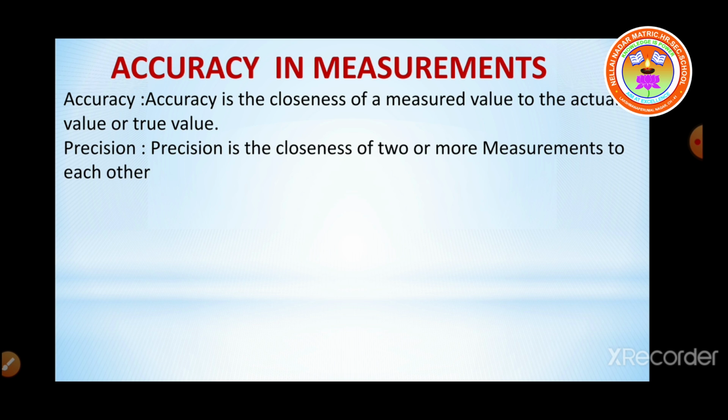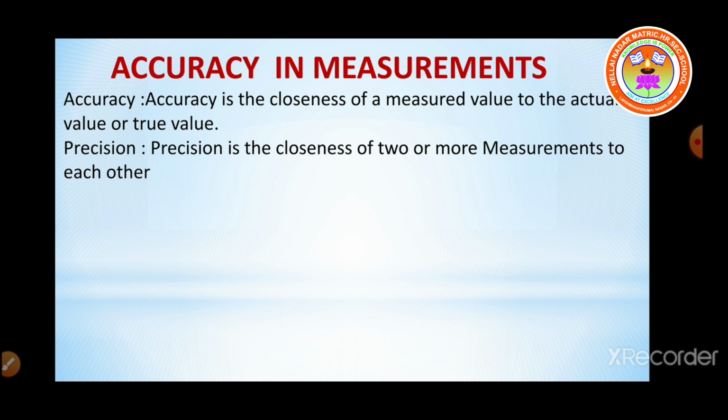For example, the length of a textbook is taken as 30 centimeter. If you observe, we can get the value 29.9 centimeter, or sometimes we obtain the value 30.1 centimeter.